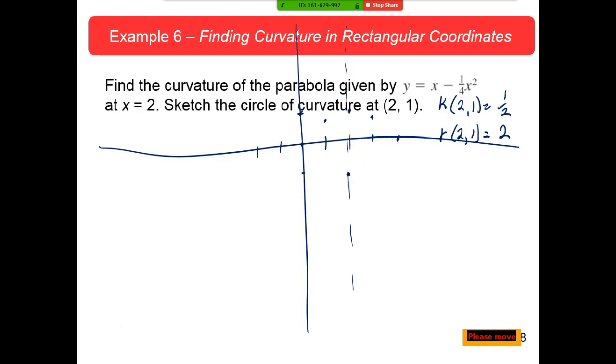Are you following? Because the radius is 2, and the radius has to be along this line. Since this is a parabola, everything is symmetric about there, including the circle inside. So the next point here would be 4, 1, and 0, 1, radius of 2 everywhere.